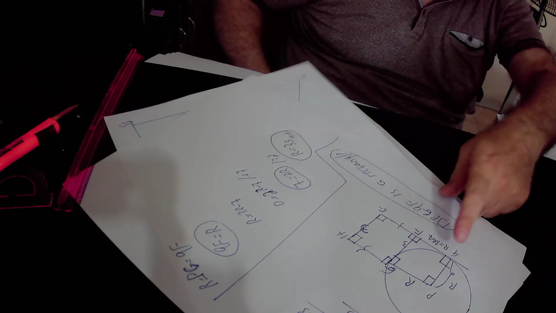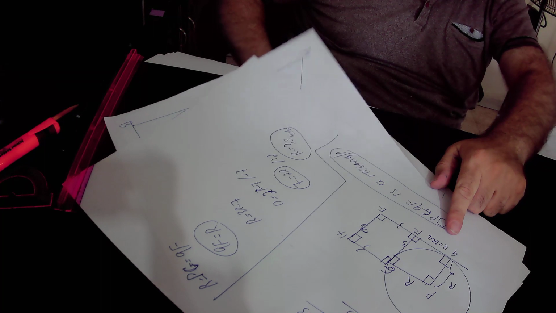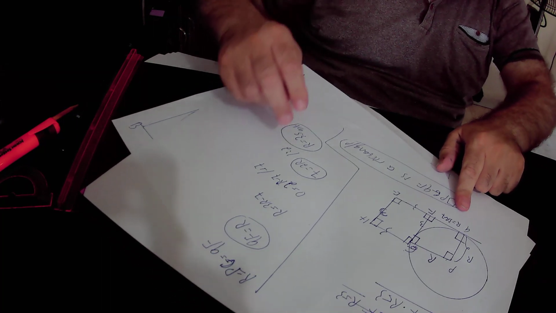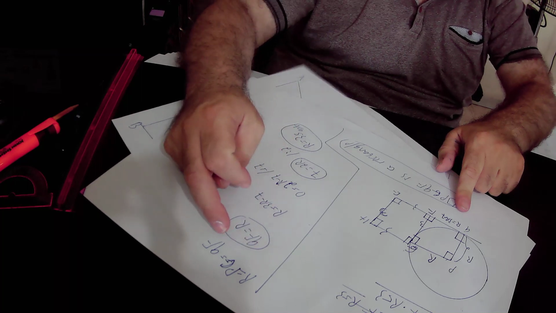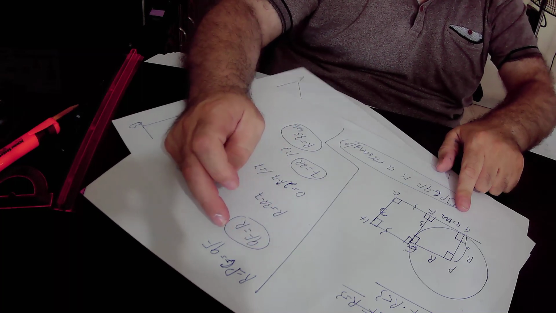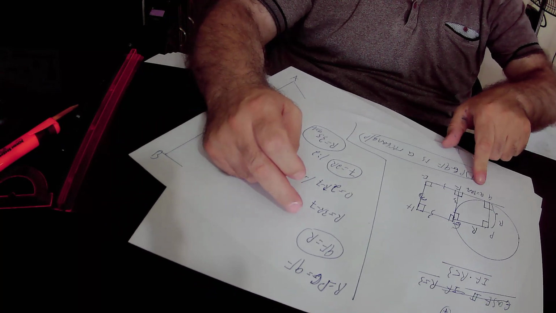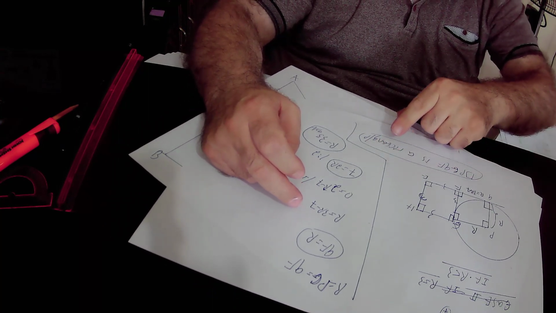And if PG equals R, then QF must also equal R. So from one side, QF equals R. From the other side, QF equals 3R minus 7. So we found out that R equals 3R minus 7.